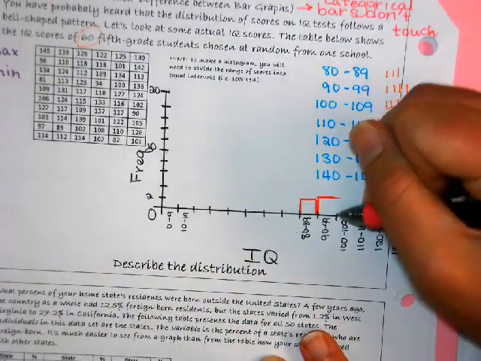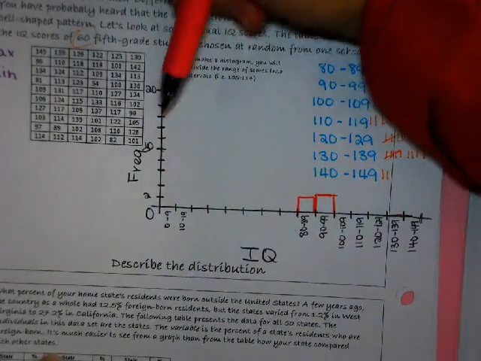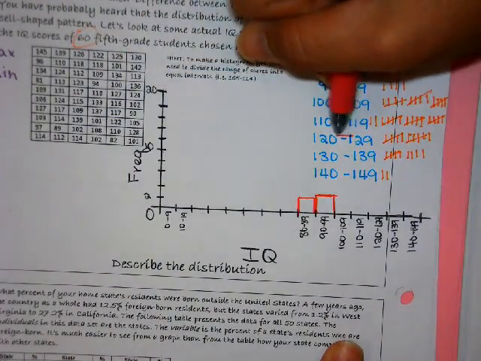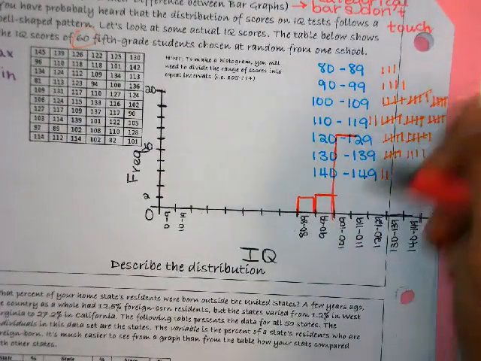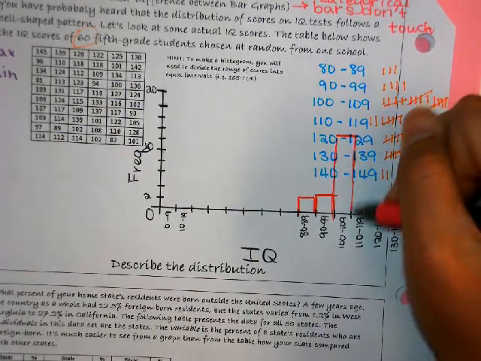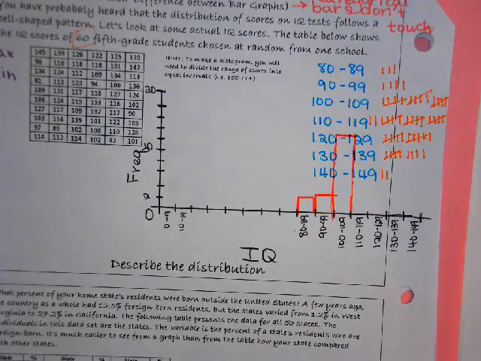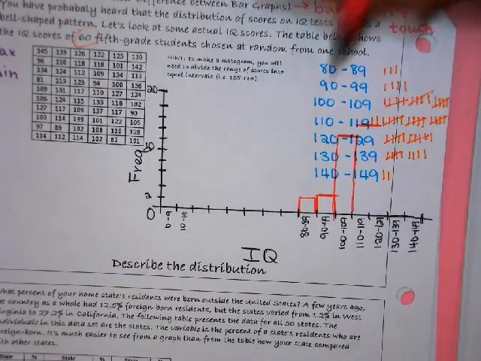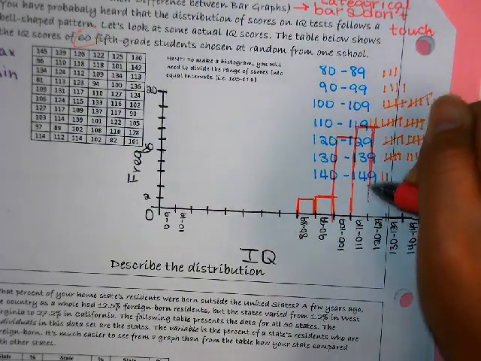100 to 109 has 15. So that'd be right there. 110 to 119, I have 17. 120 to 129, I'm gonna go with 10.